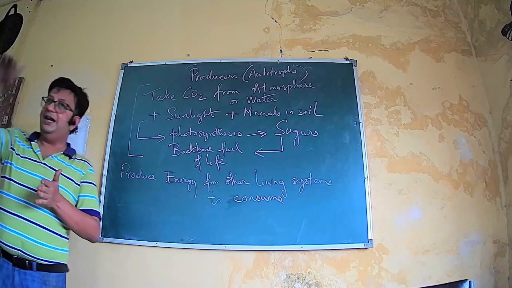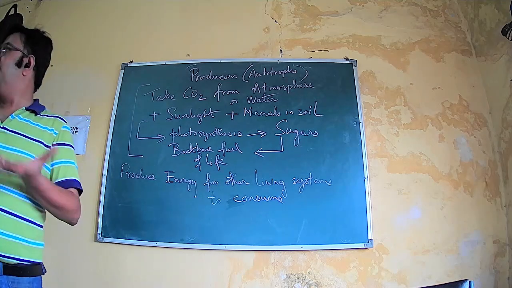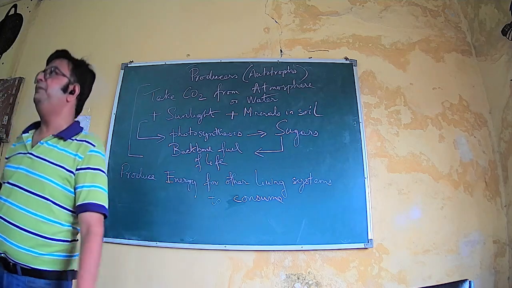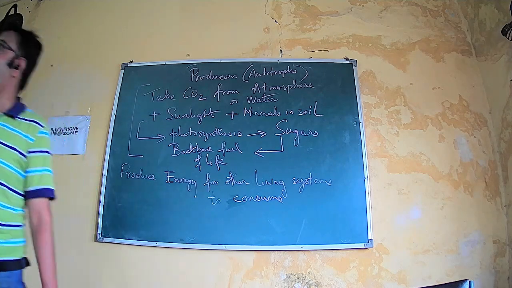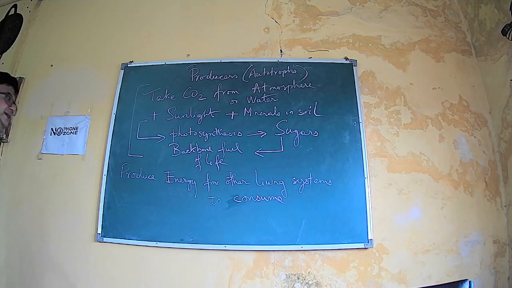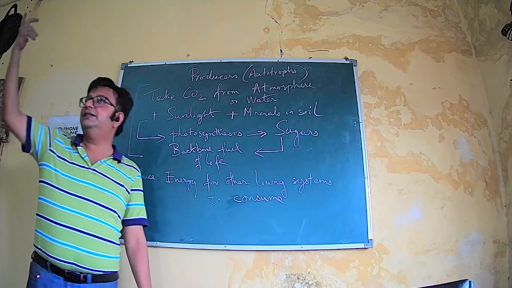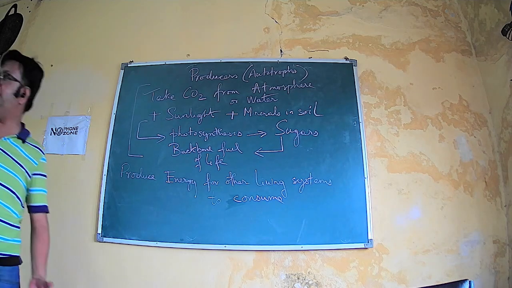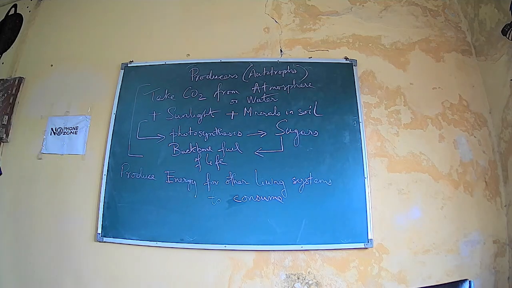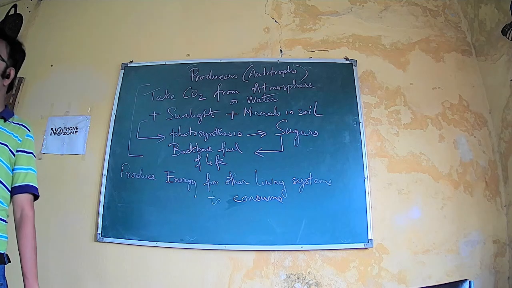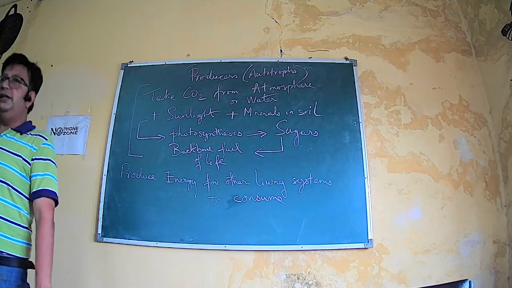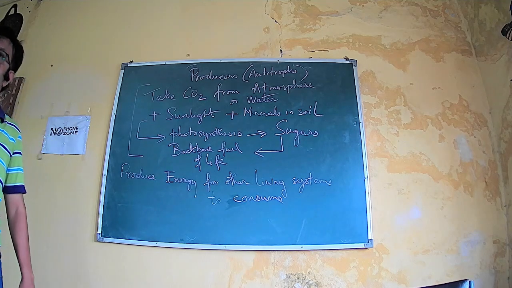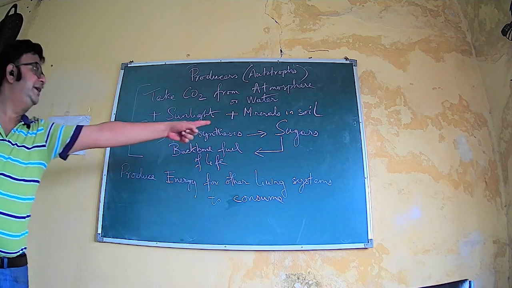So whenever sunlight falls, a free electron present in a carrier called NADPH, nicotinamide adenine dinucleotide phosphate, is released and becomes energized. From a lower state it goes to a higher state. And as it comes back to the lower state, it keeps on reducing several carriers, and in between it releases some energy, and that energy is used to make sugars.